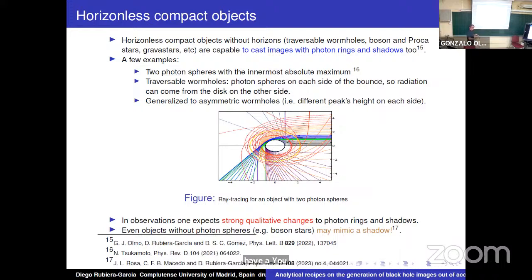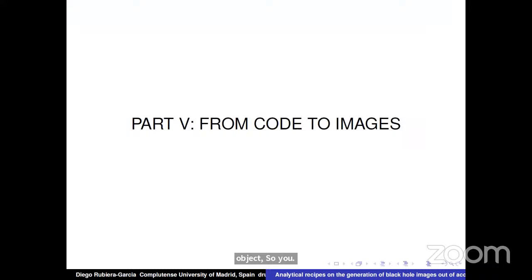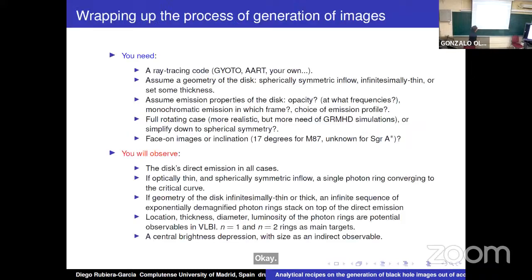So there will be radiation from inside the object, but this radiation can be so weak that it's not detected. So in your image, there is a central dark region mimicking a shadow. Okay, just to make the link with the codes that Gonzalo and Joao are going to explain later, I just wanted to give you a few hints about this thing.